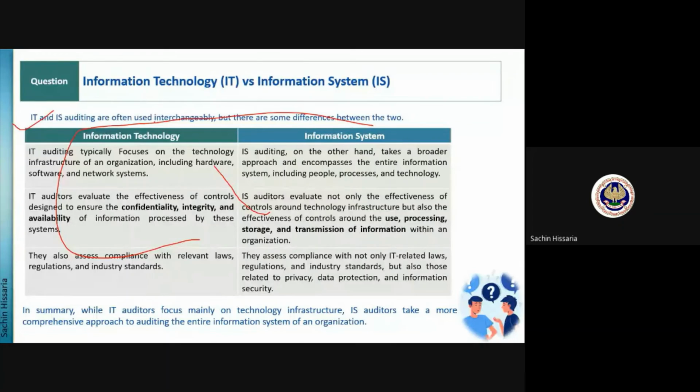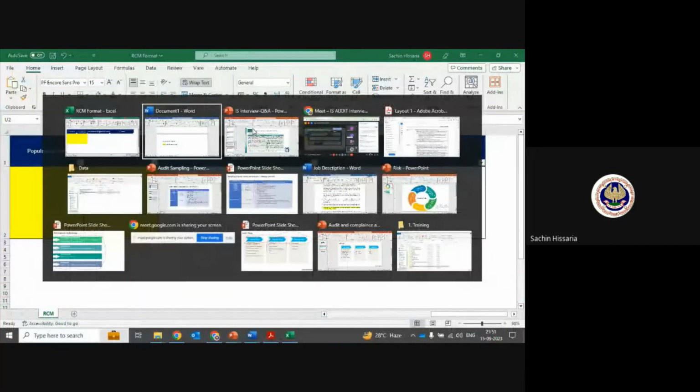This is interchangeably used, but there are some differences, and at the end you can conclude that IT audit mainly focuses on the tech infrastructure, whereas information system audit focuses on the entire information system of the organization. Okay, so this is about information technology versus information system.